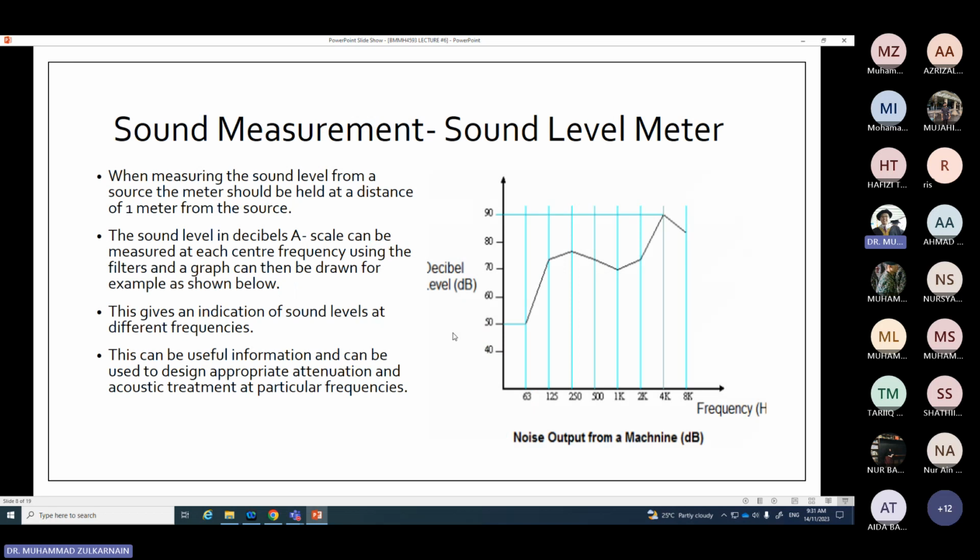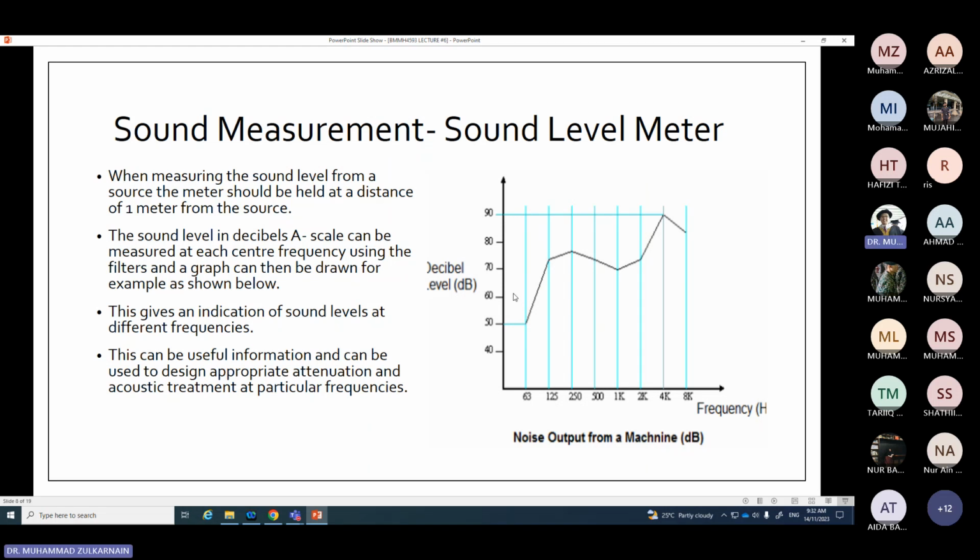Okay, this is the measurement with the sound level meter. You can see the graph here. We plot the decibel level in dB on the Y direction, and the X direction is the frequency.